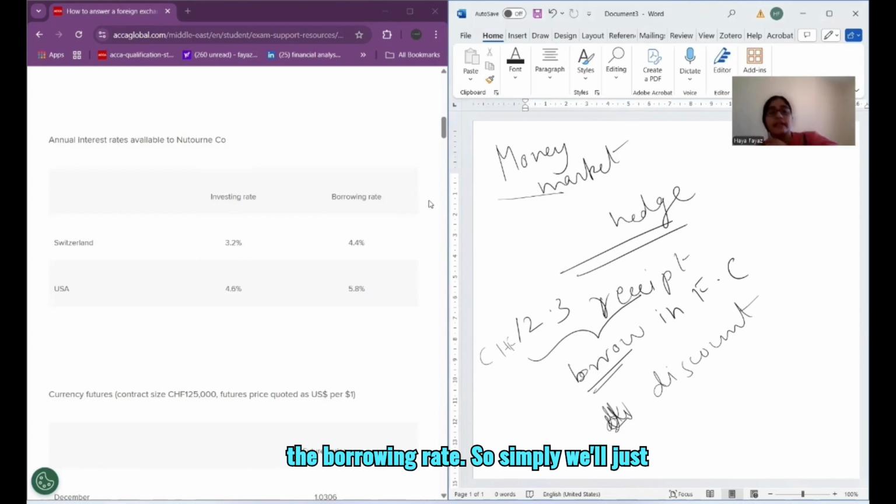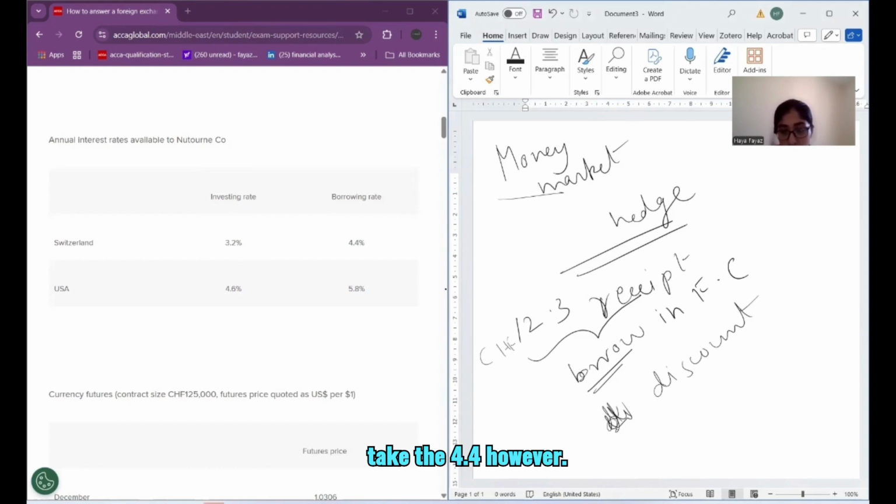Since we are taking the borrowing rate, and that too in Switzerland, because the receipt is in their terms, we'll take the 4.4.